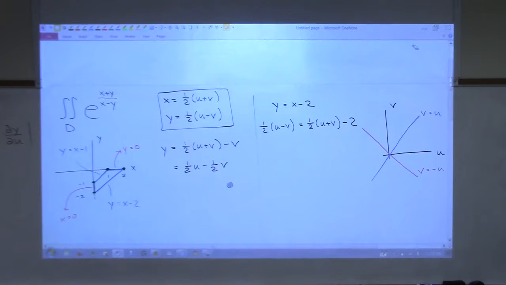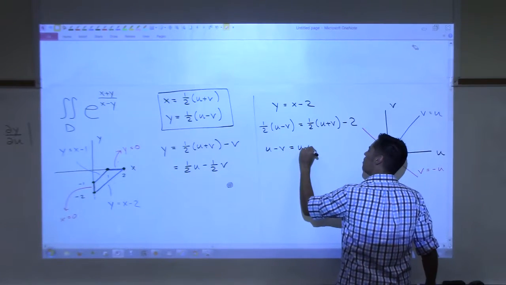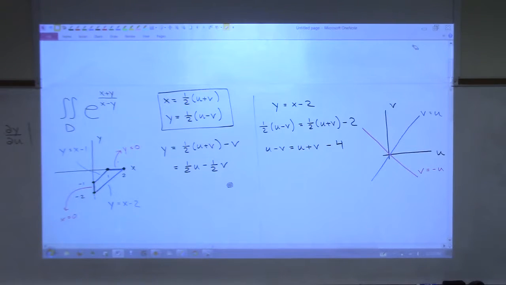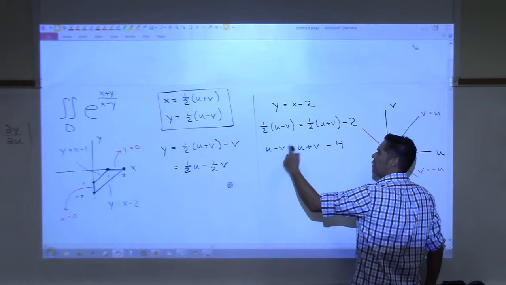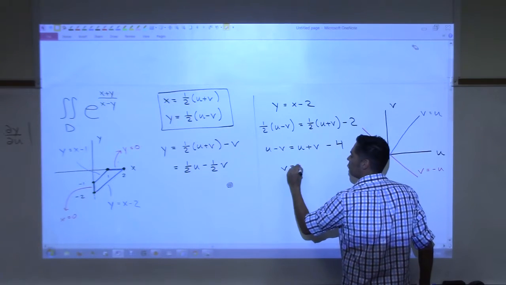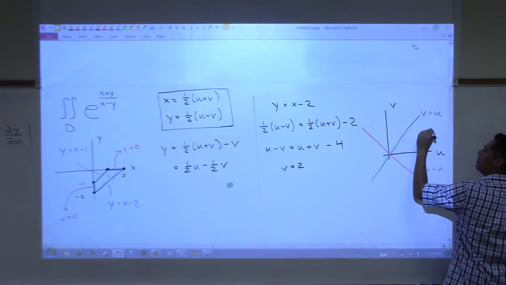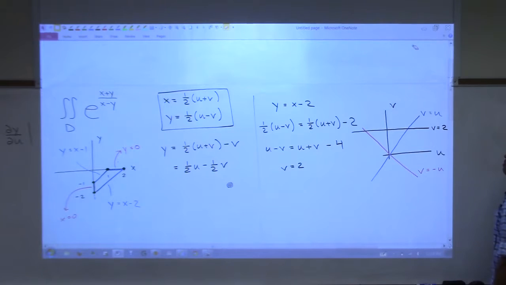I'm going to multiply everything by 2. U minus v equals u plus v minus 4, because that got hit by 2 also. U's cancel. V's don't. So move this over. You get negative 2v equals negative 4, so v equals 2. All right, v is 2 is a constant. That's a good one, right? On my graph, that's v is 2. Horizontal line.